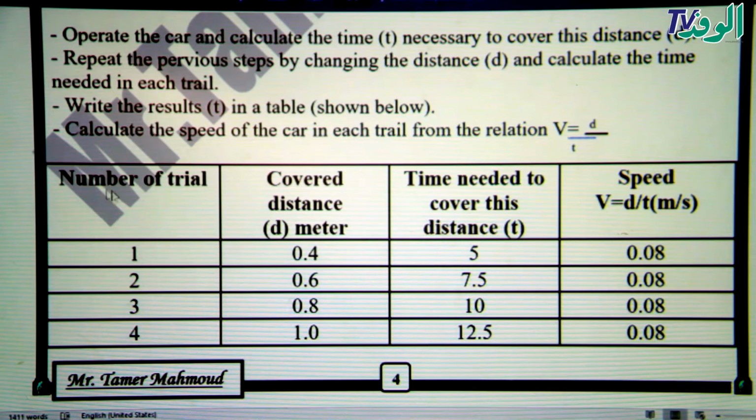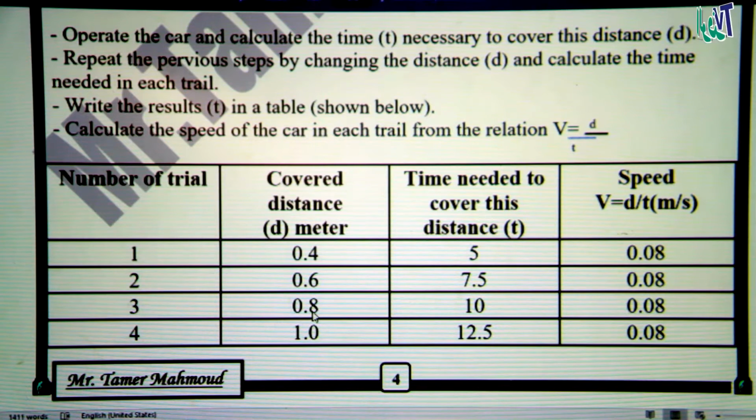In the first trial, our car covers a distance of 0.4 meter in a time of 5 seconds. Then, in the second trial, the body cuts 0.6 meter in a time of 7.5 seconds.